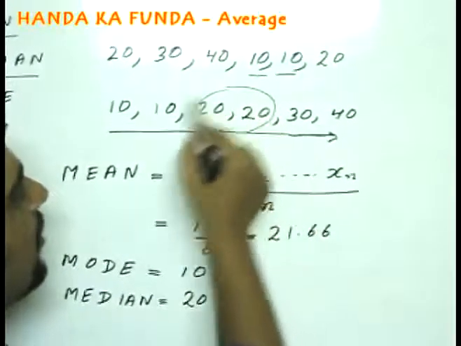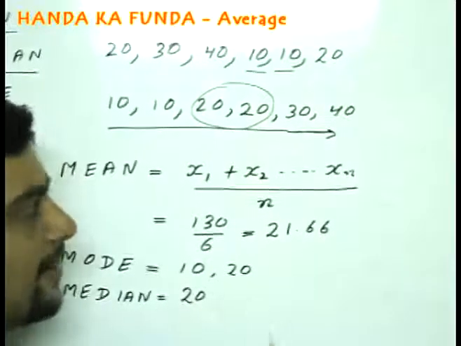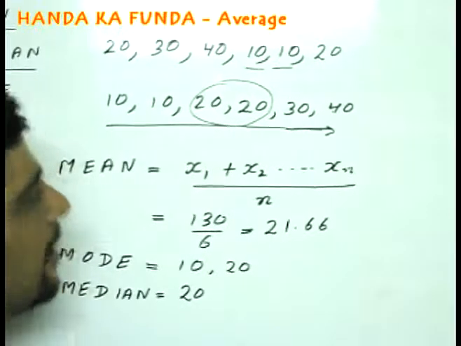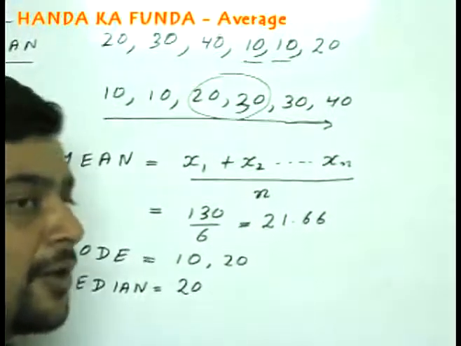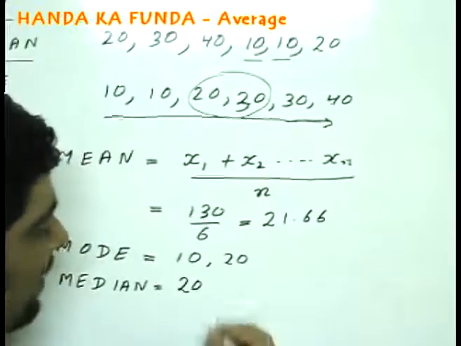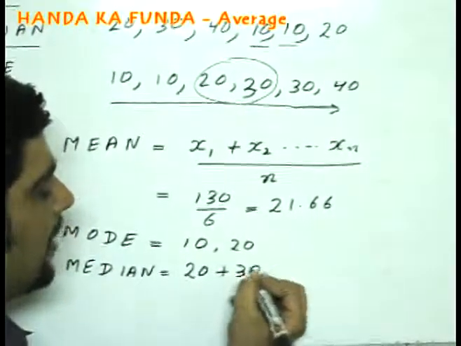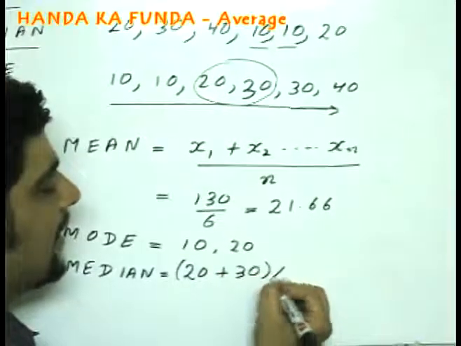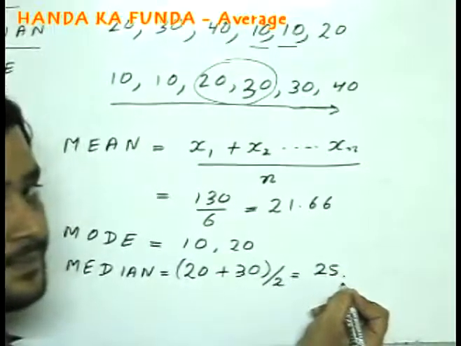However, I have 2 middle terms here, both of them are 20, 20. The median still stays at 20. What if there were 2 middle values, one was 20 and one was 30? Then the median will not be just 20 or just 30, but it would be 20 plus 30 by 2, which means 25.